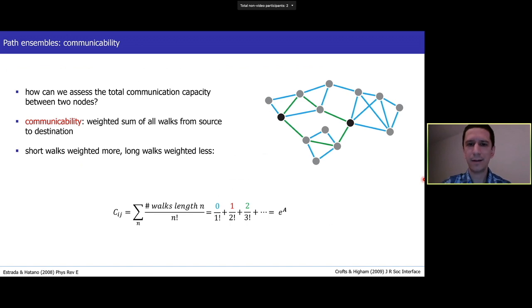So this entire sum can be written as the matrix exponential, where A is the adjacency matrix of the network. So it's a very elegant way of weighting the short walks and the long walks in a way that can be very efficiently computed in essentially just one line of code.